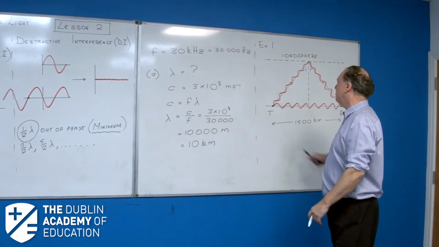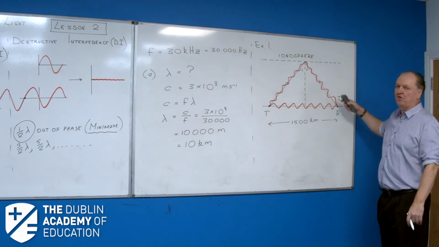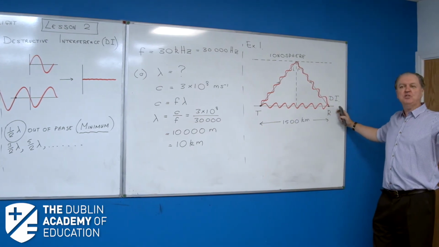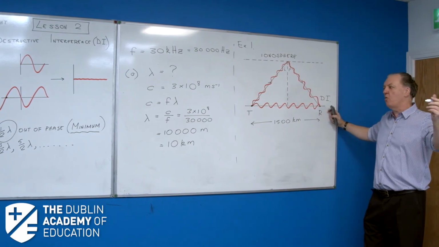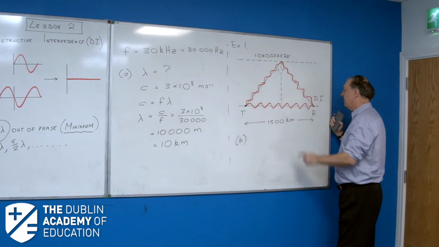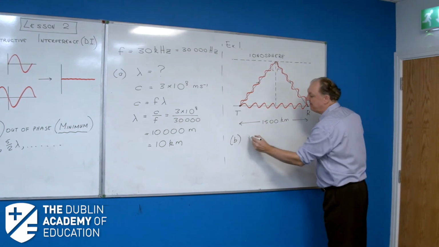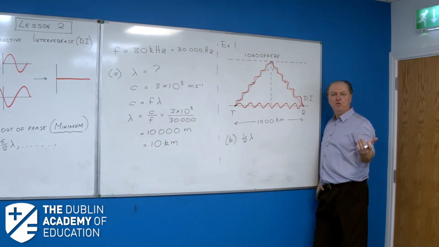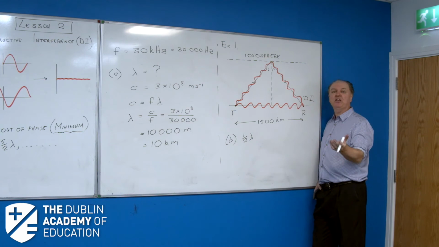Obviously, this reflected wave has to go further, doesn't it, than that one along the ground. The question is, how much further did it go in part B? Well, it went half a wavelength further. That means they're half a wavelength out of phase. That means DI occurs.